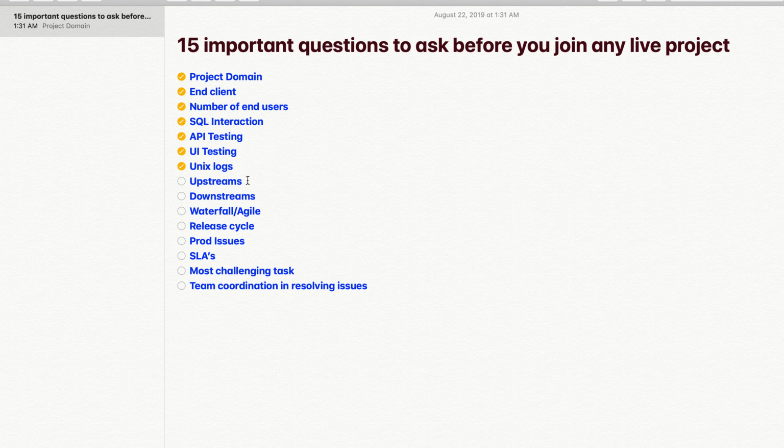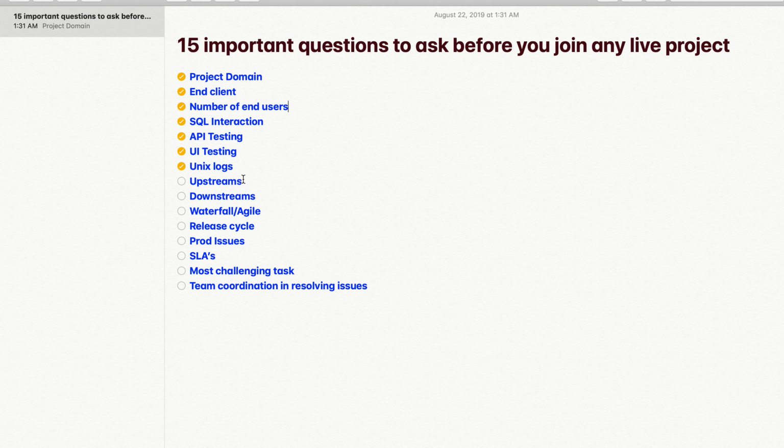So it is very important for you to understand the flow of the data if you have any upstreams. Again, the answer here might be yes or no. Some of the applications don't need any upstreams. They right away start looking into their application, do some processing, etc. But some of the applications do have the upstream systems from where the data is loaded before they actually start their testing.